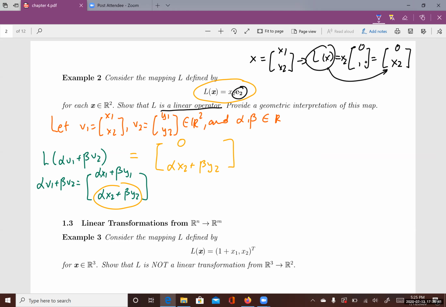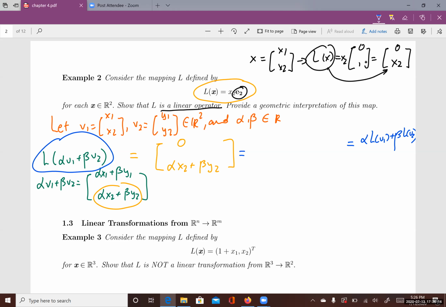And now again, the goal is to show that this equals alpha LV1 plus beta LV2. Are they equal? Because I'm coming from one vector and I want to show that it equals 2 different vectors, I have to split this vector into 2 different parts.